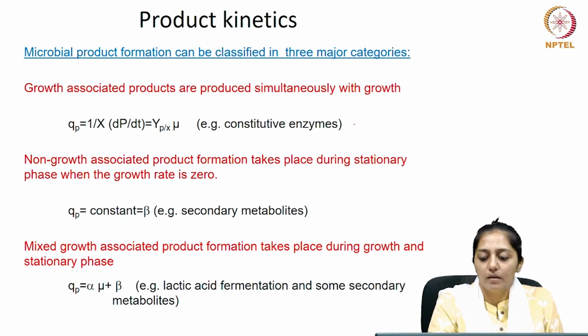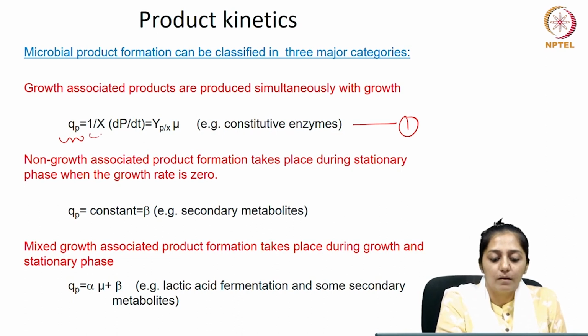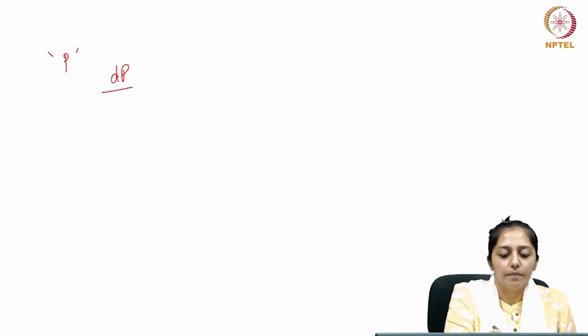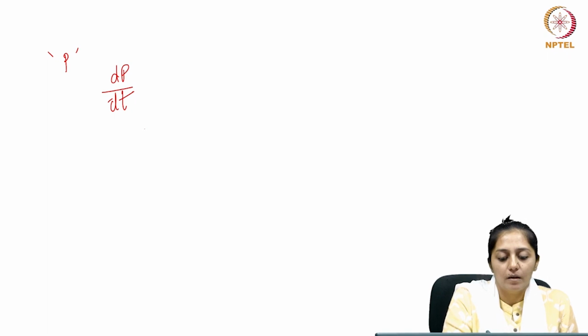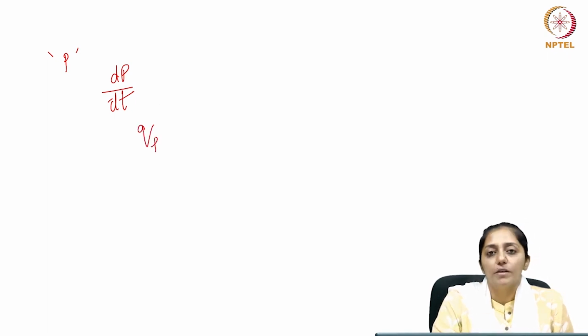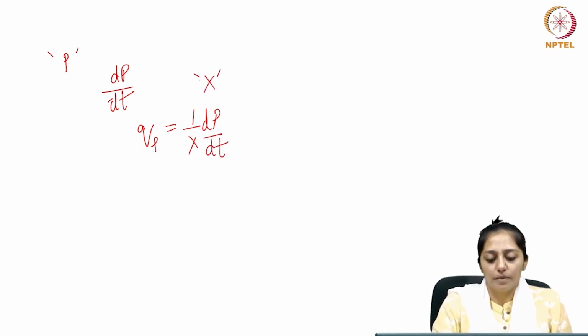So, if you see the first equation on the slide, qP stands for specific product formation rate. As I said earlier, if P is your product concentration, then the rate of product formation is your dP by dt. qP is your specific product formation rate, which means it is 1 by x dP by dt, where x is your biomass concentration.